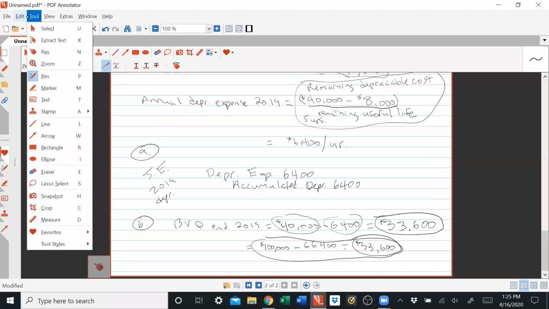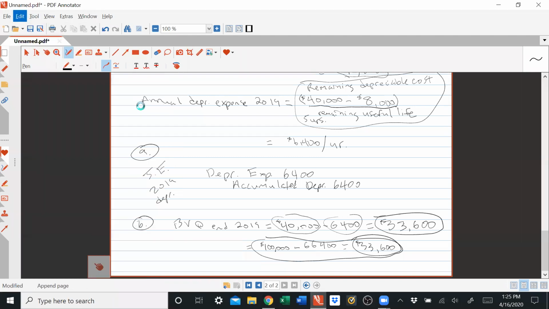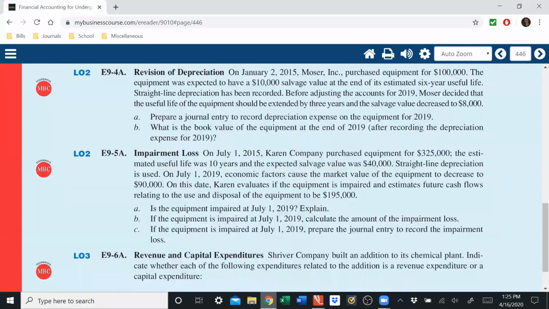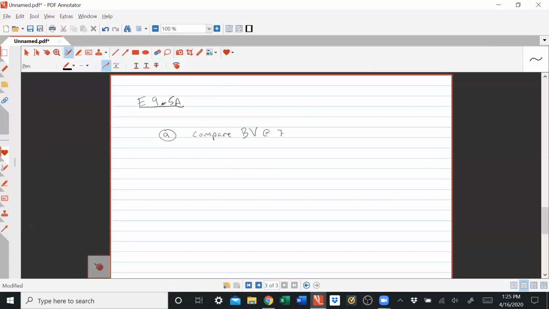How do you decide if the equipment is impaired or not? You just compare the book value of the equipment as of the date that you're doing the deciding, July 1st, 2019, to the cash flows you expect to receive in the future from using and disposing of this equipment, as of that same date.